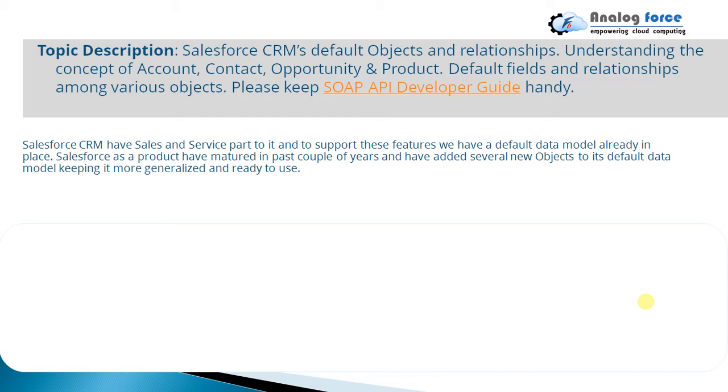We have a default data model already in place. Salesforce as a product has matured in the past couple of years. They have also added a couple of new objects like order, contracts and further on, which have brought the Salesforce product in a better way.